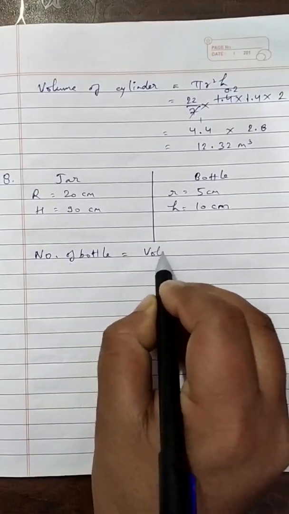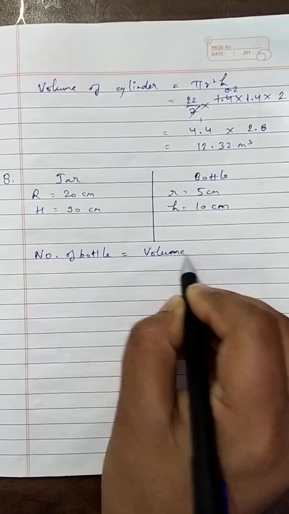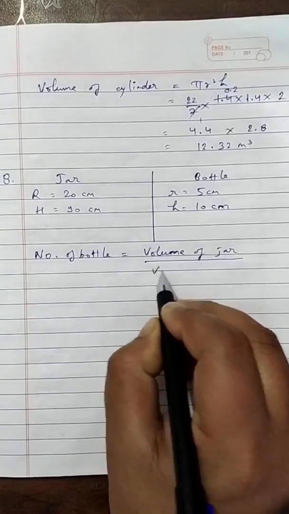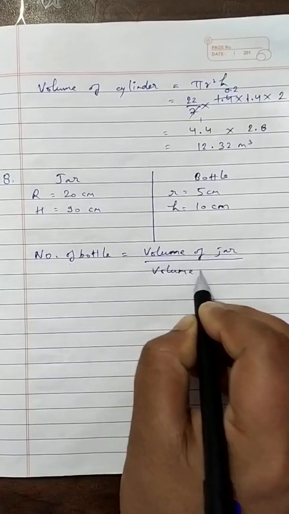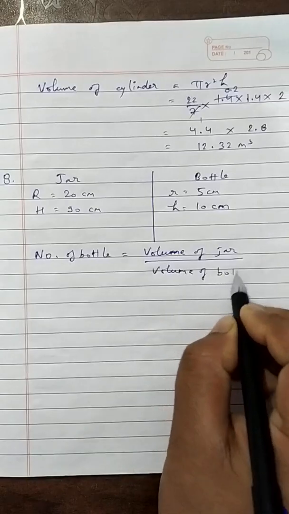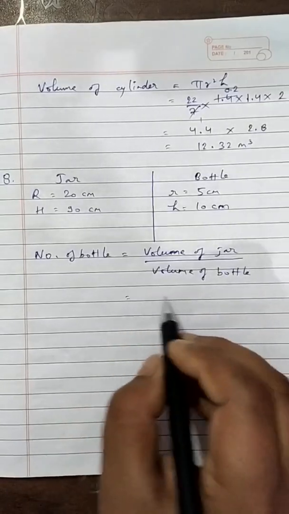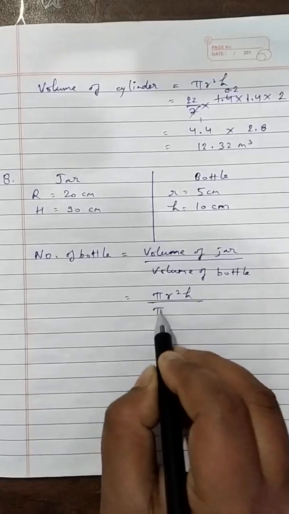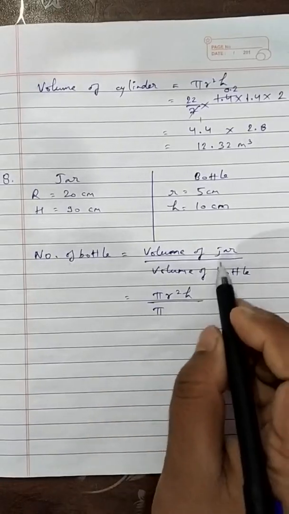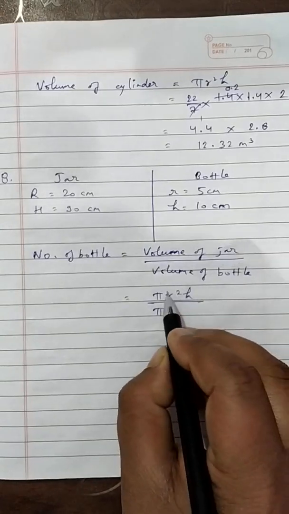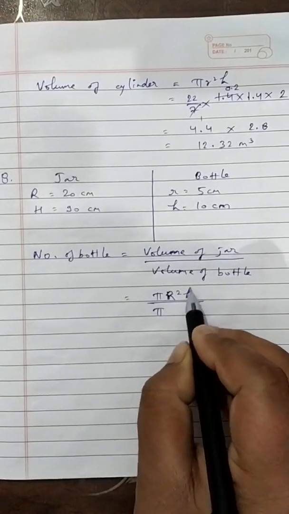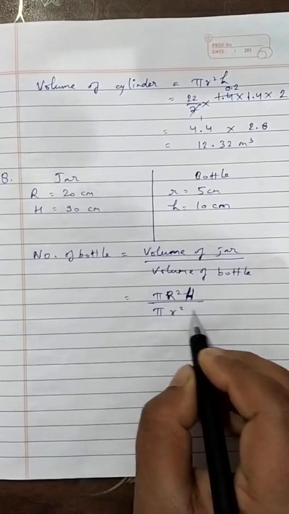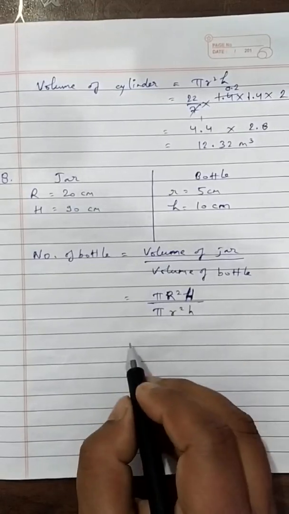So we'll write here volume of jar divided by volume of bottle. The formula is pi r square h for both of them. Because jar is the larger one, we'll put here capital R and capital H. And bottle is smaller one, so small r and small h.